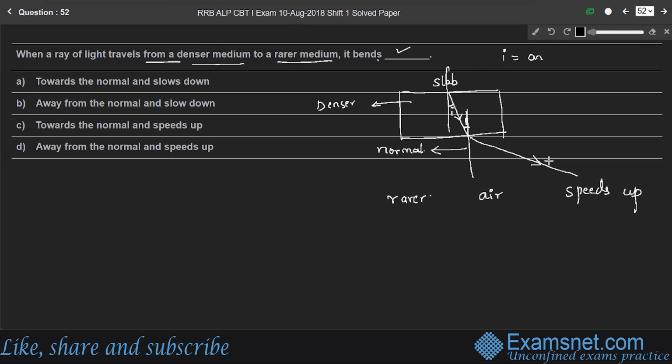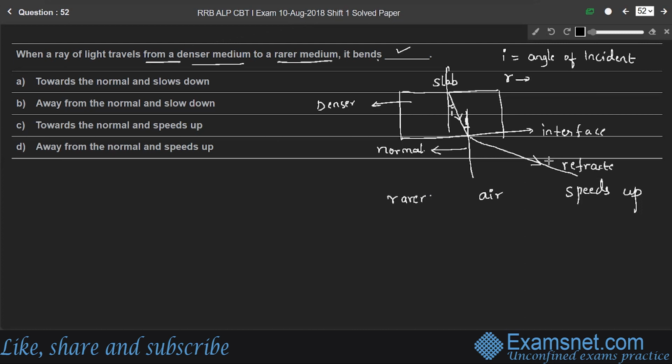I is the angle of incidence. So at the interface, the angle between the incident ray and the normal is the angle of incidence. When the ray moves away from the normal, R is the angle of refraction. This is the refracted ray.